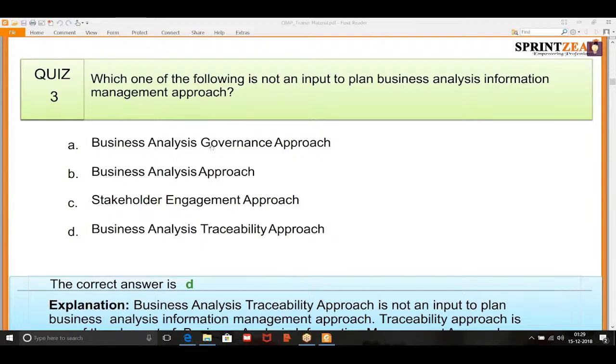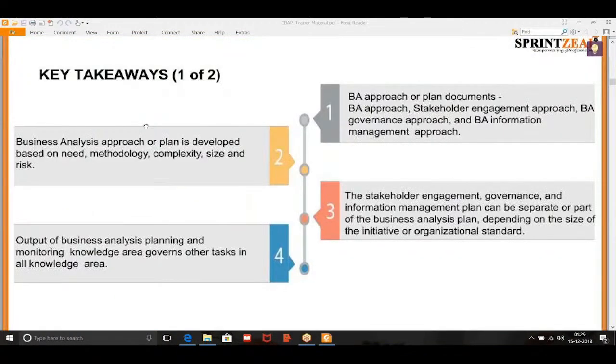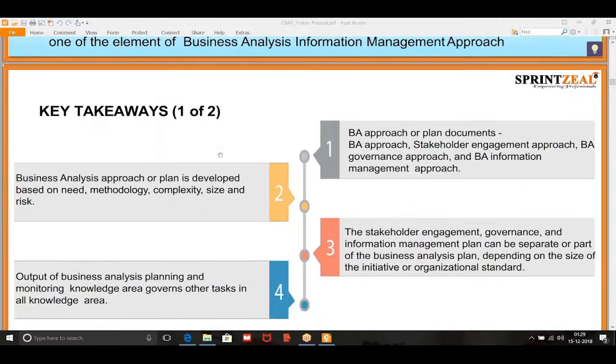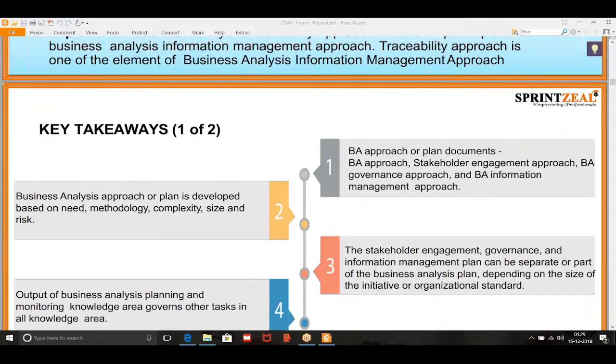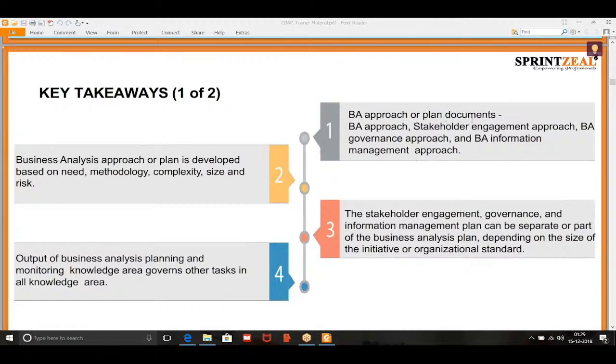So, what are the key takeaways? We discussed BA approach or plan documents: the BA approach, stakeholder engagement approach, BA governance, and information management approach. The BA approach or plan is developed based on need, methodology, complexity, size, and risk.